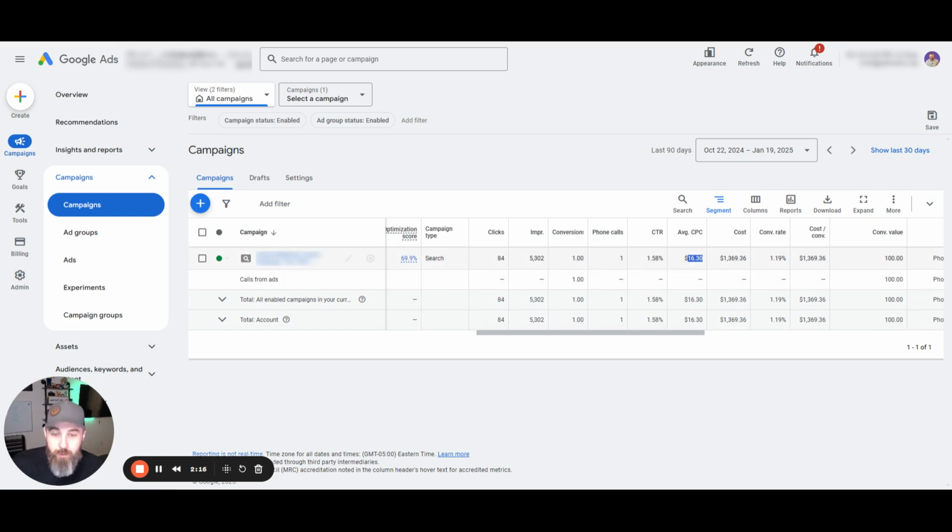So, we should be very, very targeted and precise in what we're doing. So, just right off the top, I can tell that keywords are probably a mess. We probably have a bunch of either broad match or different things like that going in the account. So we don't really want that. And we can see right here, we have 5,300 impressions over the last 90 days and 84 clicks.